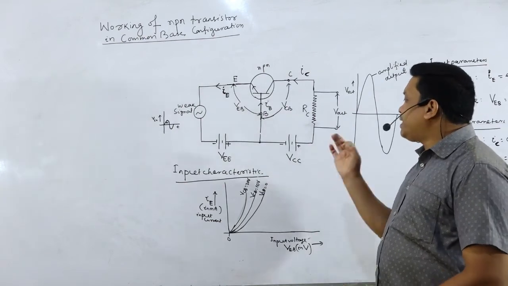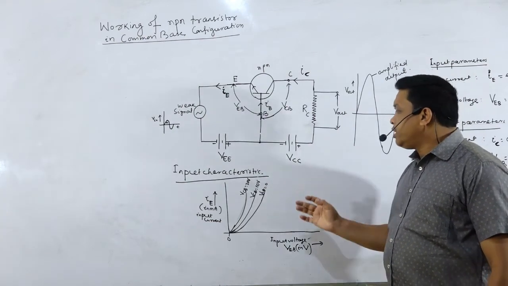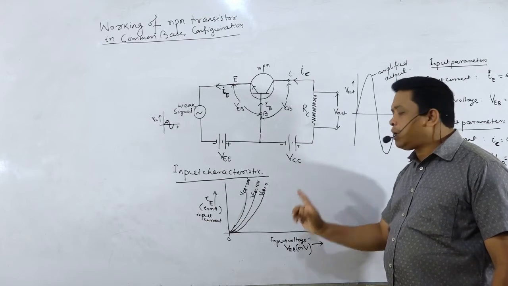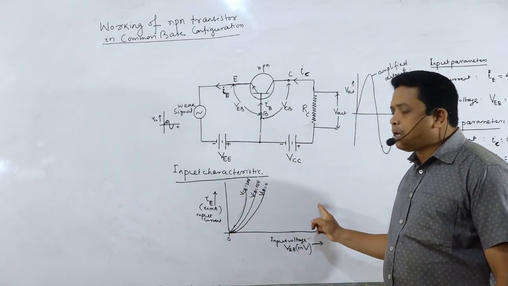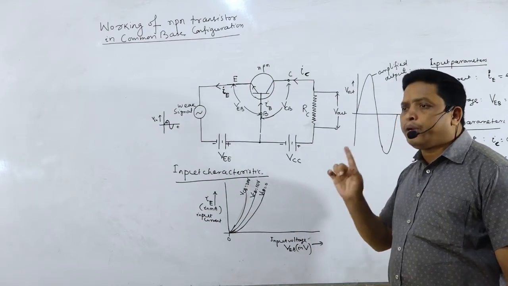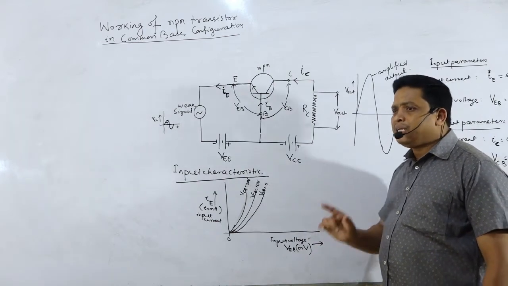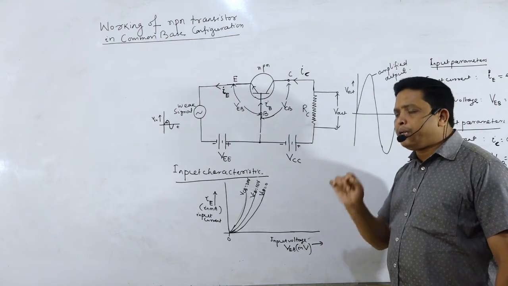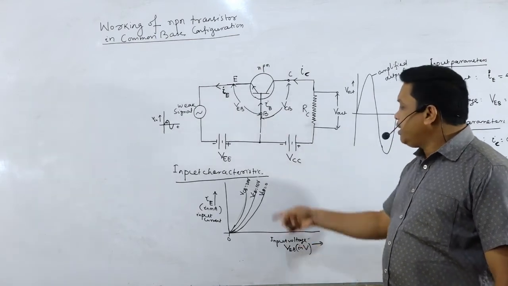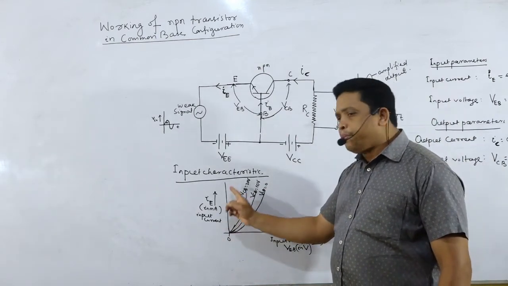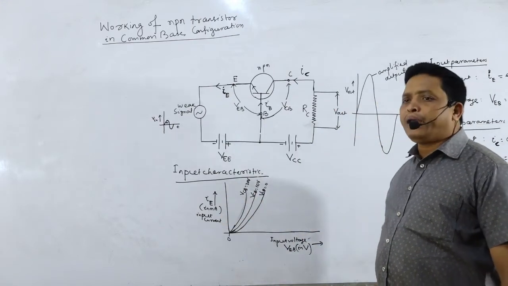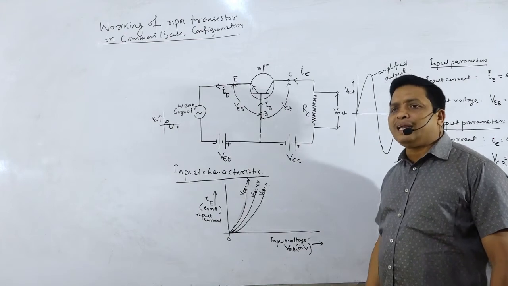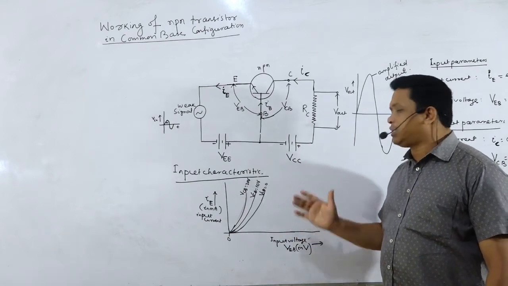Okay. So what is input characteristic? Input characteristic in common base configuration is the graph plotted between input voltage, that is emitter base voltage, and input current, that is emitter current, keeping output voltage, that is collector base voltage, constant.